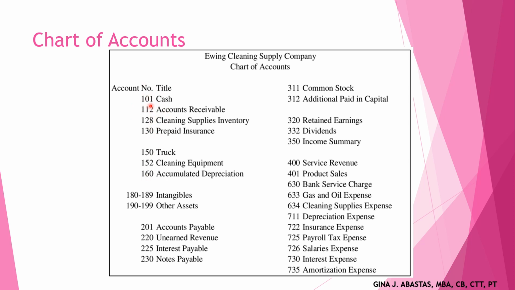Account code 101 for cash, 112 for accounts receivable, and for liabilities, you start with 2. 201, 220. For owner's equity, you start with 3. For income, you start with 3. Also 320, 332, and for the expenses, you can have here 7, 6.